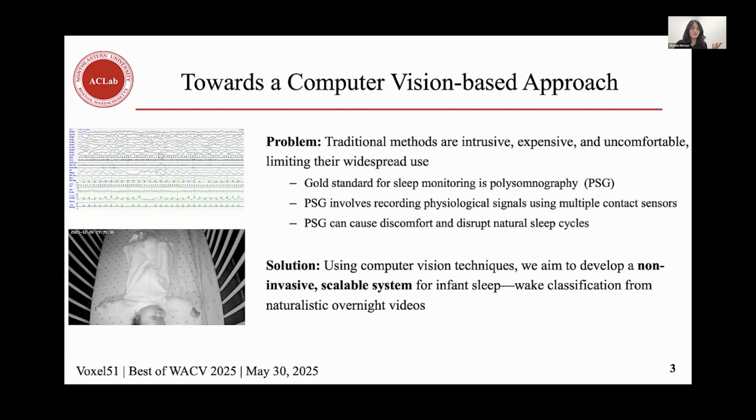So our solution is to use computer vision techniques to develop a non-invasive, scalable system for infant sleep-wake classification from naturalistic overnight videos. What we mean by naturalistic overnight videos is that the data set we work with involves overnight videos that were recorded at home. All the infants were sleeping in their crib at home. They weren't brought into a different house, weren't brought into a lab, weren't recorded in the hospital.